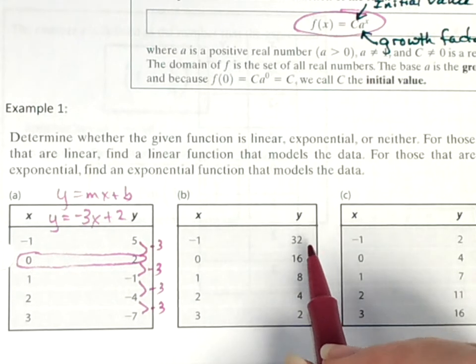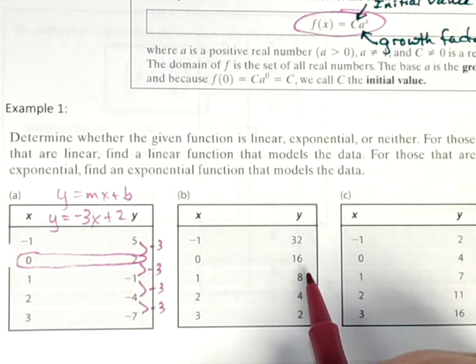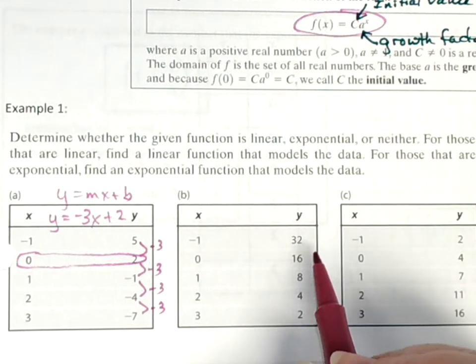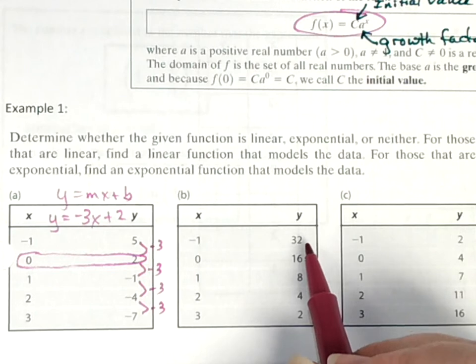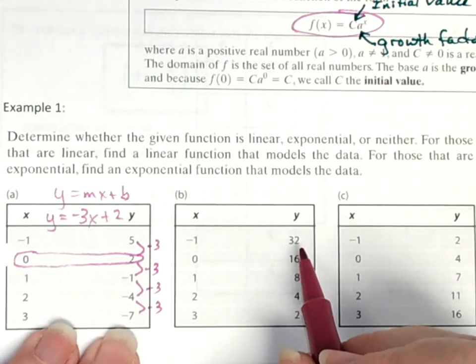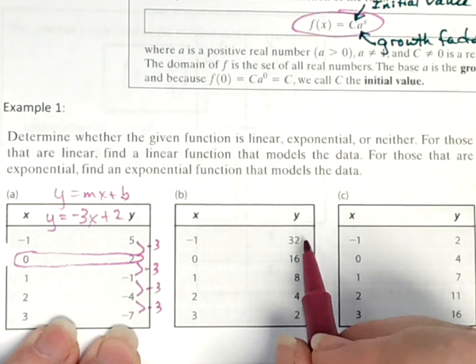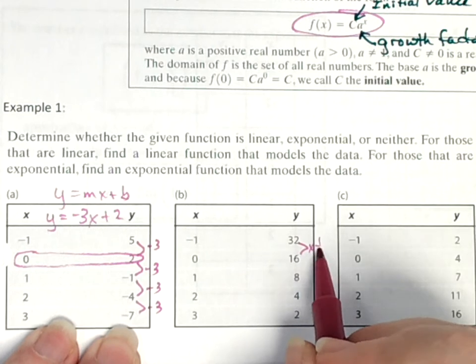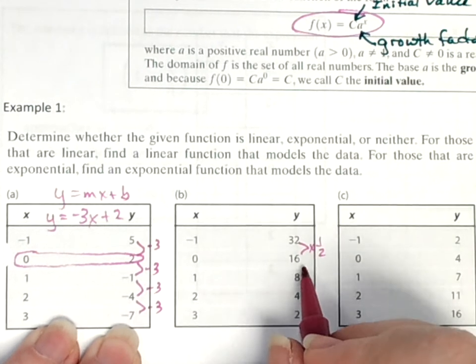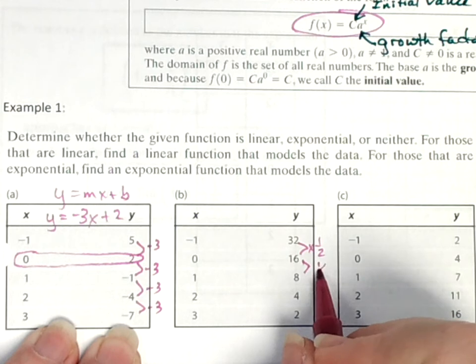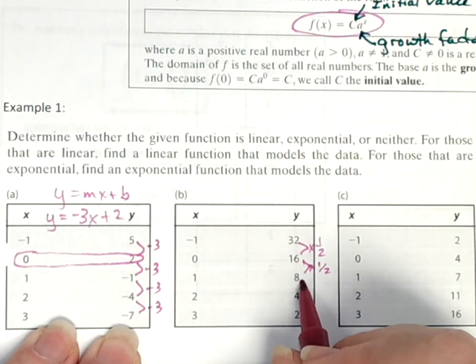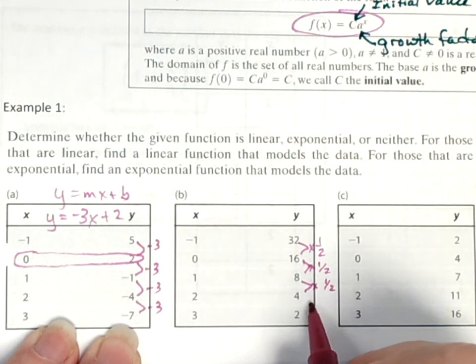This next problem, I could do 32 minus 16 is 16, but then 16 minus 16 is not 8. So let's look and see if there is a constant multiplier. 32 times what would be 16? 32 times 1/2 is equal to 16. 16 times 1/2 is 8. 8 times 1/2 is 4. 4 times 1/2 is 2. We do have a constant multiplier.